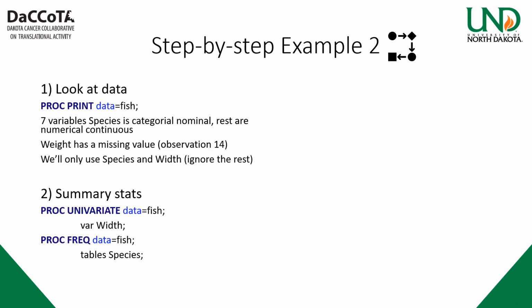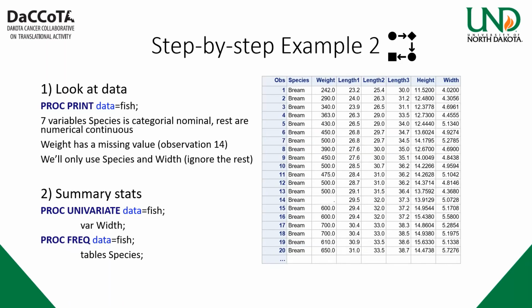So we can look at the data, start by using proc print to get our data set. And now here there is a lot of observations, so we cut it off at 20. What we do see here is there are 7 different variables. Species, seen here, this is bream. There's actually 7 categories, and they're nominal because you can't really order fish.